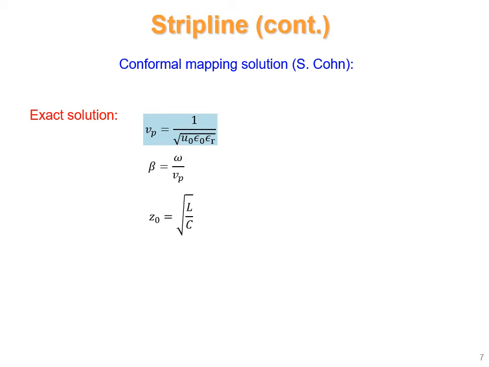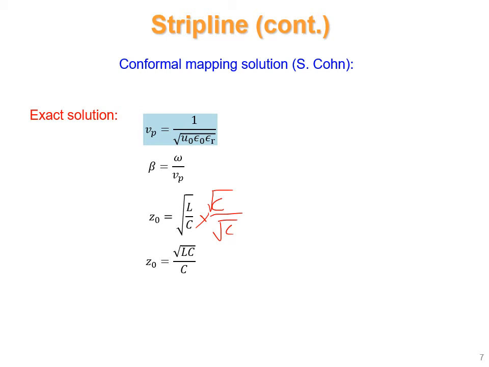Next, the characteristic impedance can be indicated as Z0 is equal to under root of L upon C. For ease of calculation, we will multiply and divide by under root of C. Then under root of L multiplied by under root of C becomes under root of LC, and under root of C multiplied by under root of C becomes C. So Z0 is equal to under root of LC upon C. What is C?